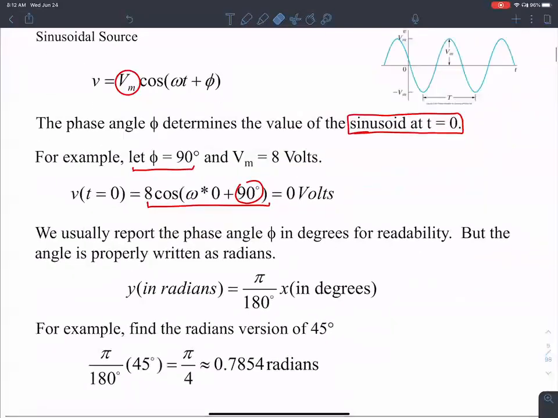Now we usually report the phase angle in degrees for readability, but we can also express it in radians, pi by 180 times x radians.